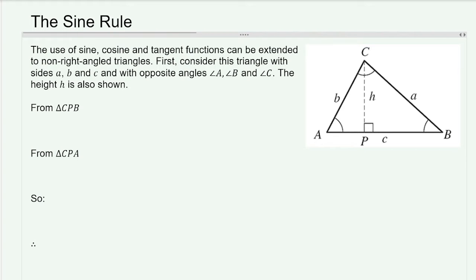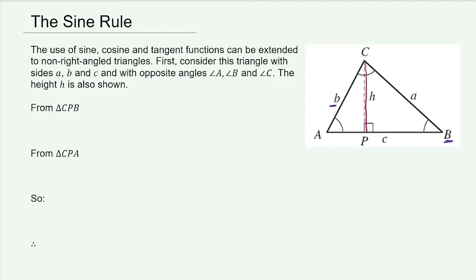Now, one thing to know is that angle B is opposite side b, and so around the triangle, angle A is opposite side a, angle C is opposite side c. Now let's fill in some blanks here from the triangle CPB. So let's highlight CPB.